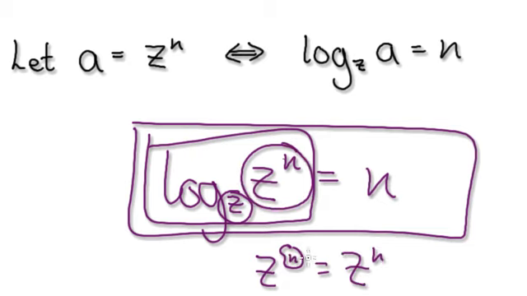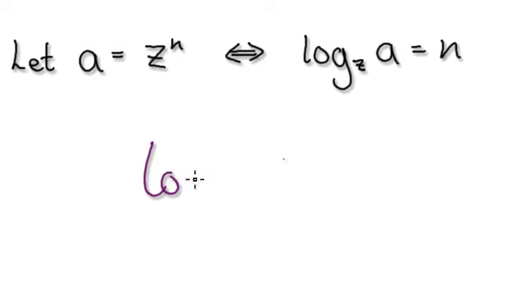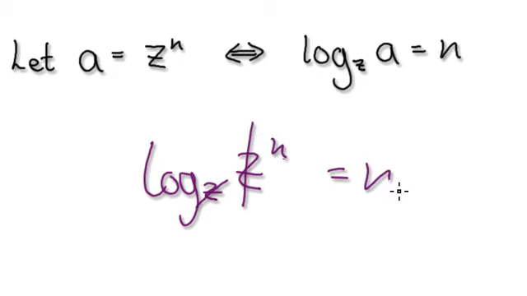If you put n into here, then that's this. My point is that when you see something like log z to the power of n, in a way it's a bit like that. Anyway, bear those things in mind.